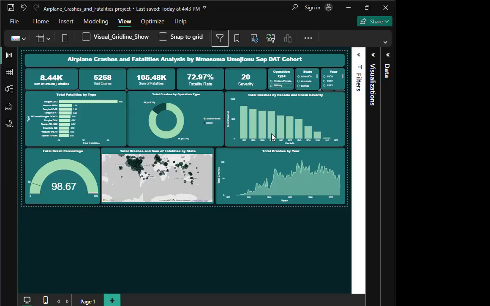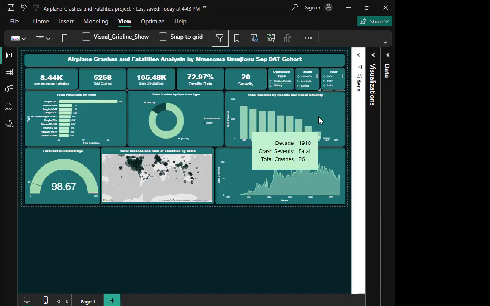Here we see the total crashes by decade broken down by severity. Crash frequencies were highest in the 1970s with about 833 crashes and the 1990s with about 762 crashes, followed by a noticeable decline to the 2010s with about 26 crashes.